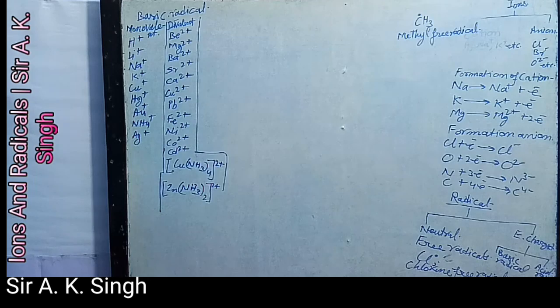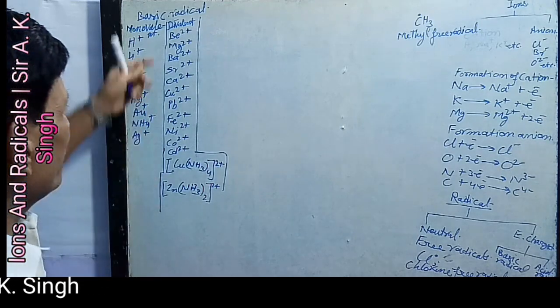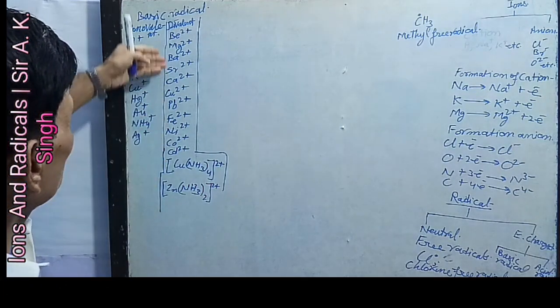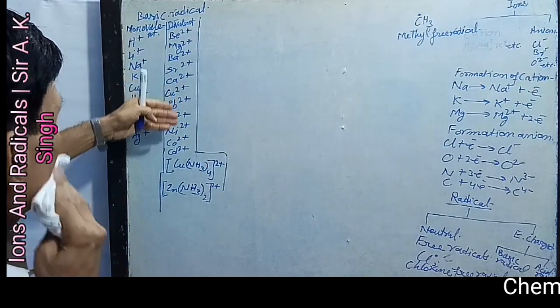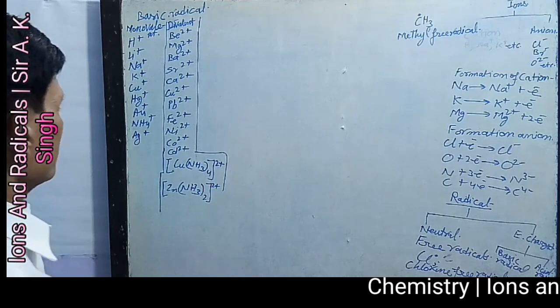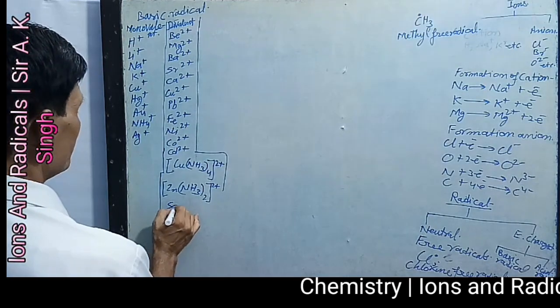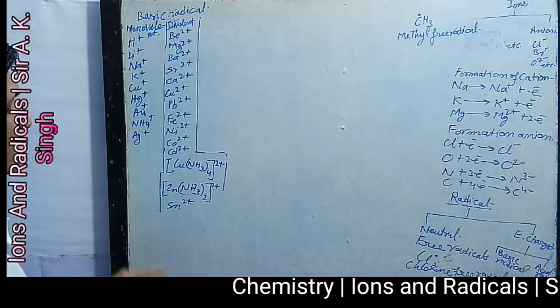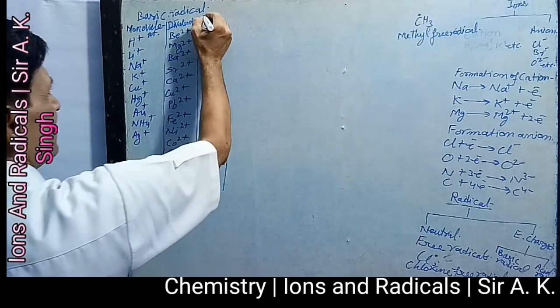These are some examples of divalent ions. They have two positive charges and they are divalent ions. Now tin ion, stannous. This is called stannous.